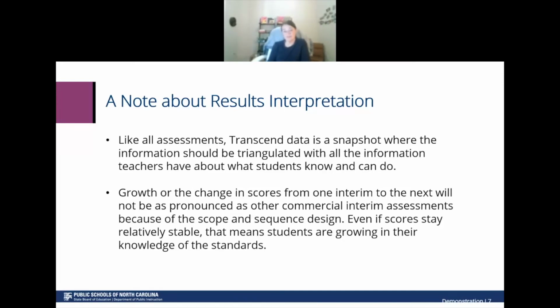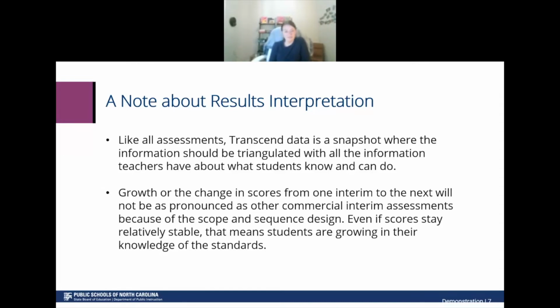So all this information should be triangulated with the other information that teachers have about what students know and can do. If a result, for example, does not seem typical of how a student performs based on what the teacher observes in the classroom, then it should be considered in light of that.